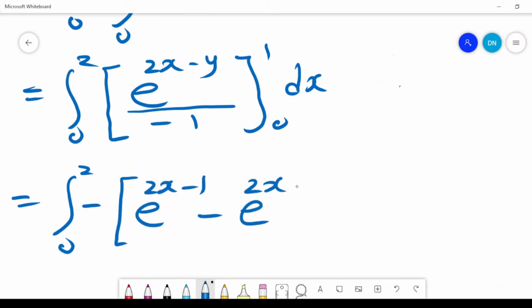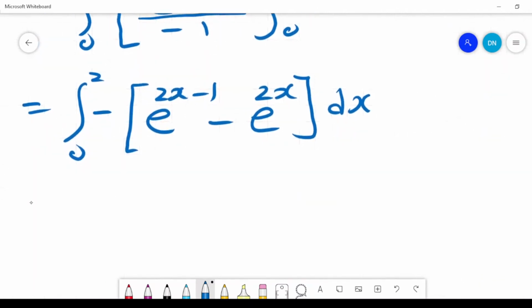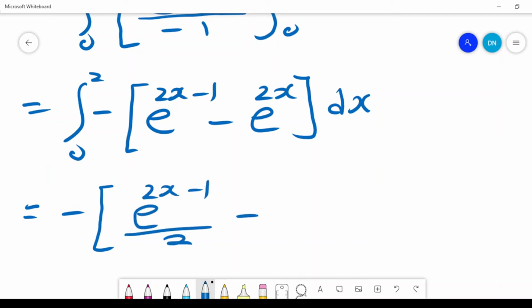dx. Because whenever there is y, I replace it with 1 and also with 0. And therefore, I'm going to integrate with respect to x, that is minus e raised to power 2x minus 1 over 2, minus e raised to power 2x over 2, and the limits of integration are 0 to 2.